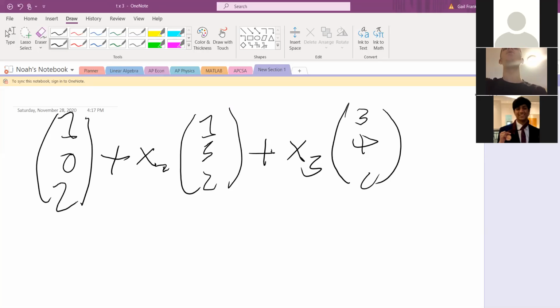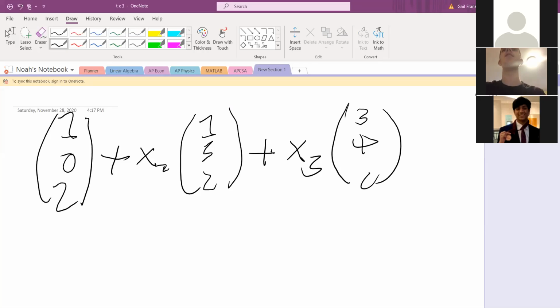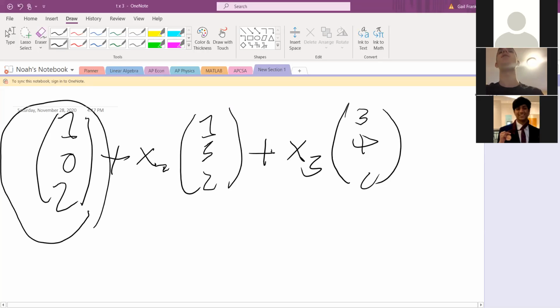And this vector is what makes it inhomogeneous, because it doesn't have a free variable attached to it. Geometrically, this constant vector that you add to an inhomogeneous system translates the solution set. You can think of the solution set as a line or a plane. Normally it's a line or plane that passes through the origin, but this will translate the solution set so it doesn't pass through the origin.